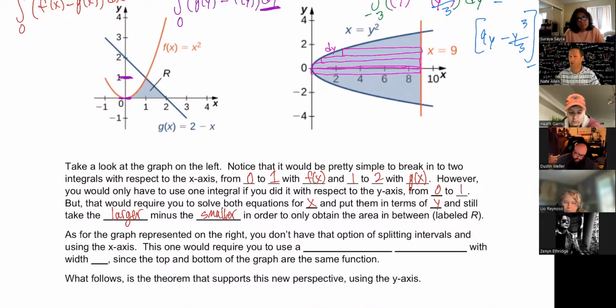And how are you going to figure out what to use? The dy or the dx? You should draw what is called a representative rectangle, where the width is either that dy or dx.